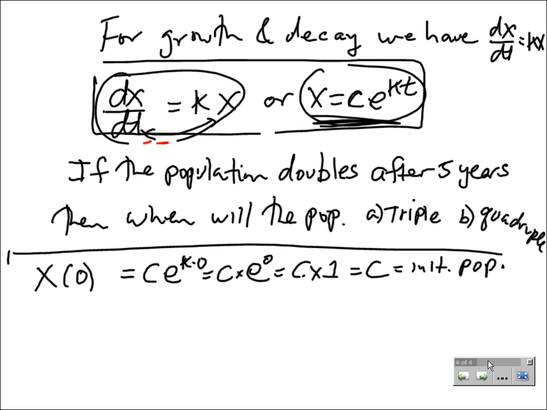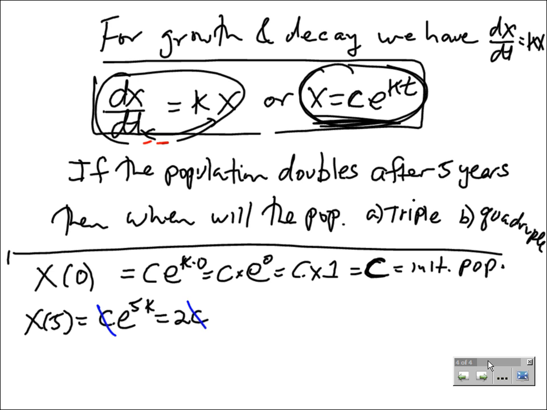Now I know when I plug 5 into this formula, x of 5 on one hand is c e to the k times 5. On the other hand, the population doubles. It used to be c, now it's 2c. Now here's something really cool. I can divide by c.